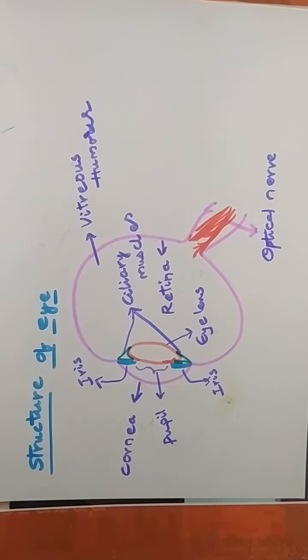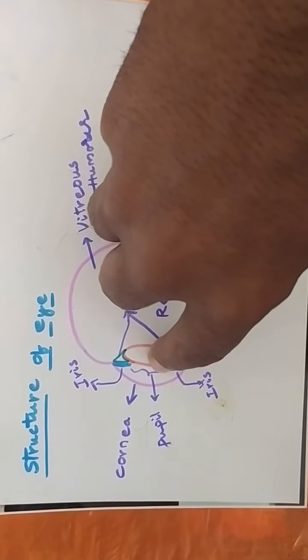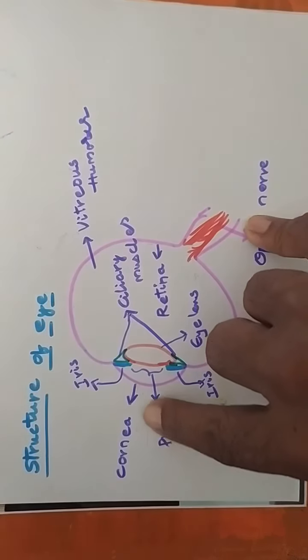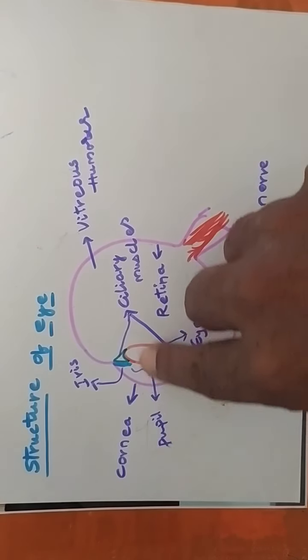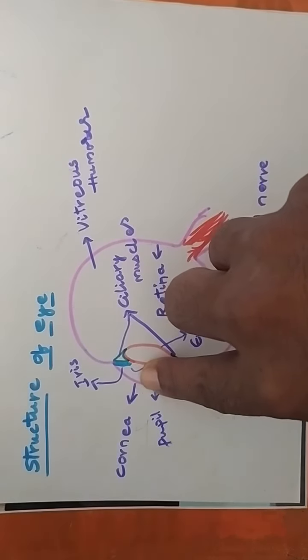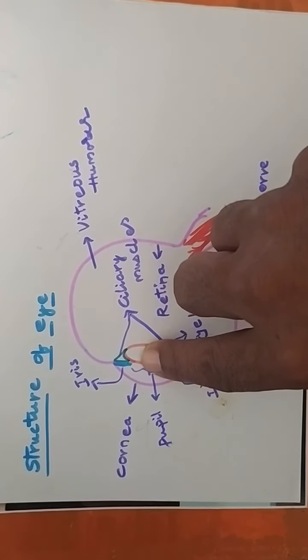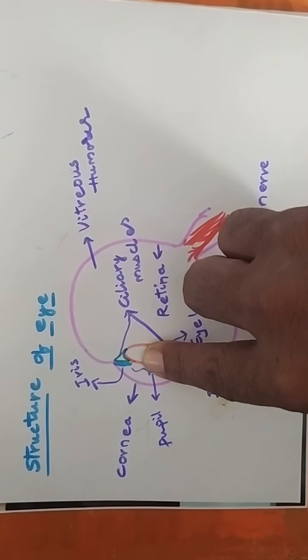The pupil appears black because light falling on it enters the eye and no light is reflected. It is transmitted completely without any reflection, so the pupil always appears black.